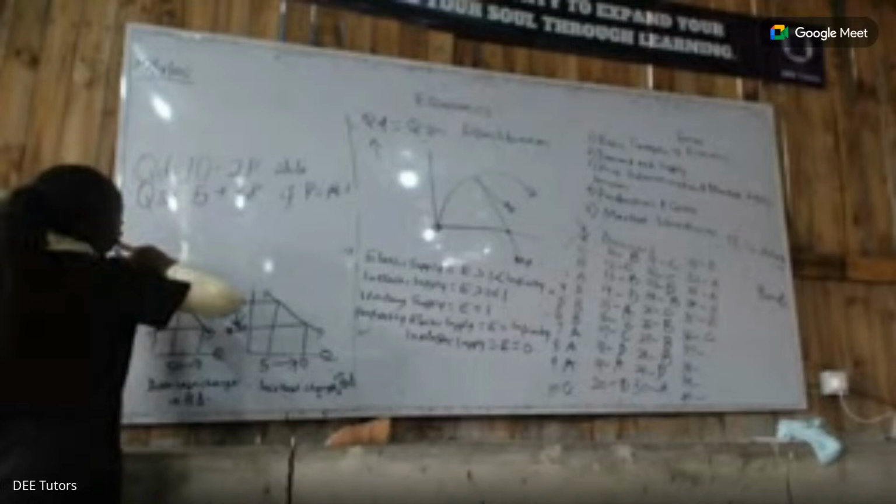So putting their equations, 10 minus 2P equals 5 plus 3P. Then collect like terms. That's how they got the price. So do you know how they got the price now? So you can now solve your question.